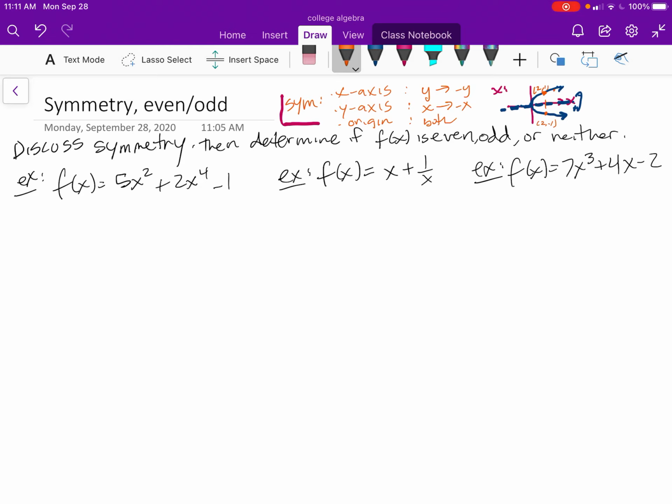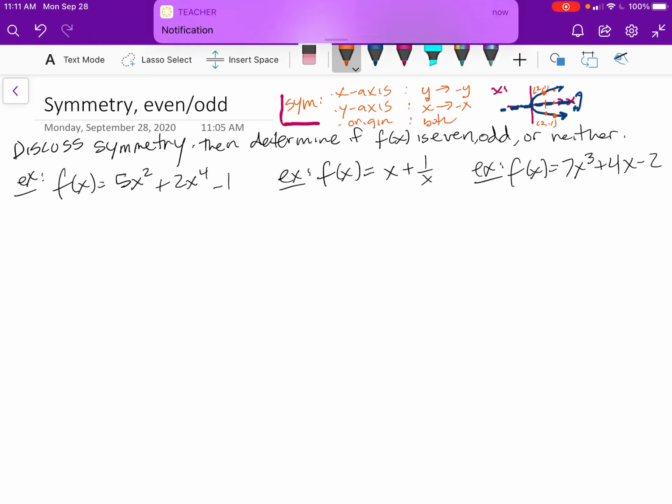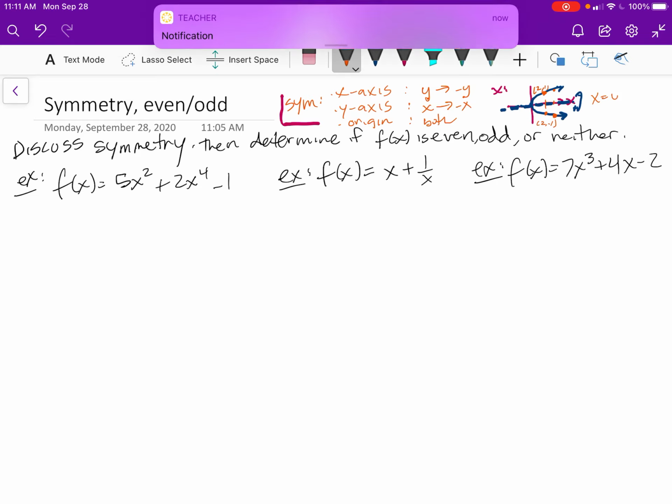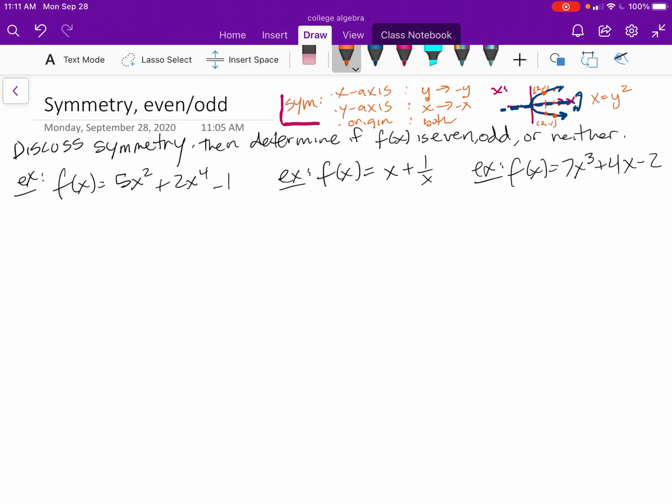So as we move, right, the x stays the same, but the y becomes negative, and we have both of those. So I wrote this y with negative y. If you replace those and you get the same thing, then it's symmetric about the x-axis. And this function I drew would look something like, or it's not a function, I'm sorry. This relation I drew, x equals y squared, let's say, right?